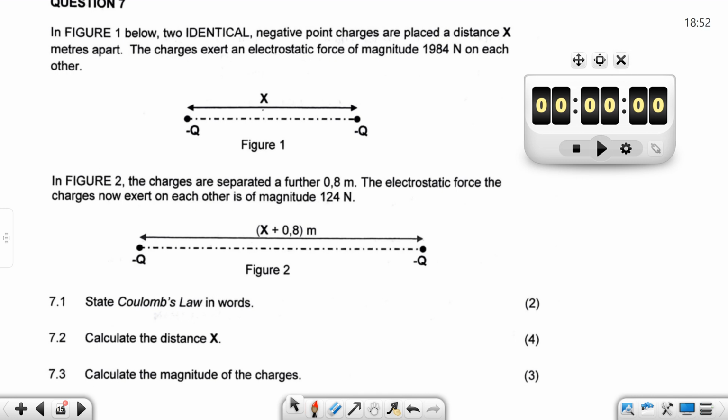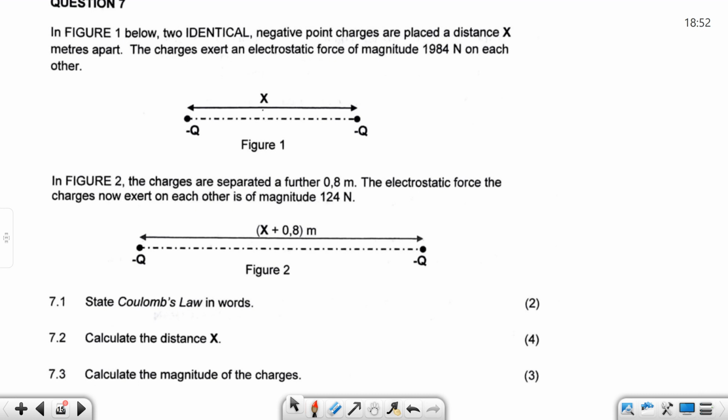So it's important that we follow this lesson very, very well. Now, in figure 1 below, the two identical negative point charges are placed a distance x meters apart. The charges exert an electrostatic force of 1984.